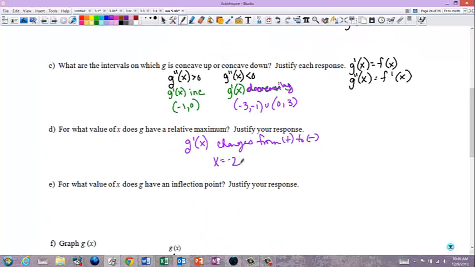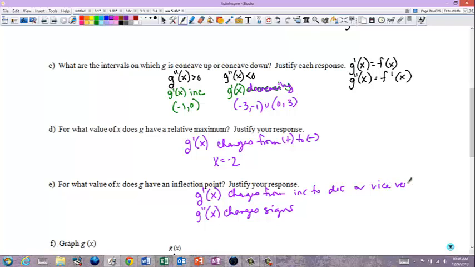For what value of x does g have an inflection point? Well, inflection points come from where g double prime of x changes signs, but we're looking at the graph of g prime, so it's where g prime changes from increasing to decreasing, or vice versa.